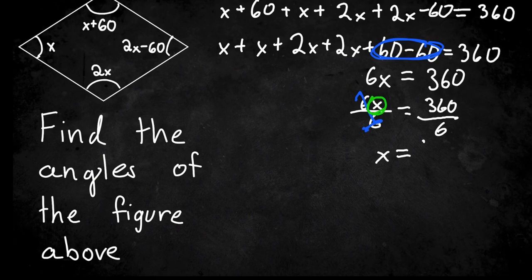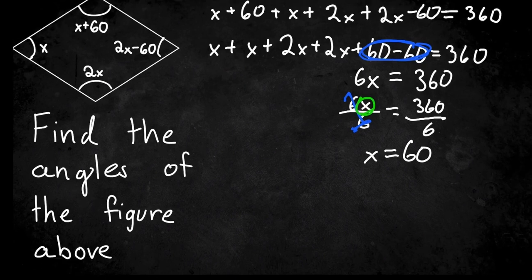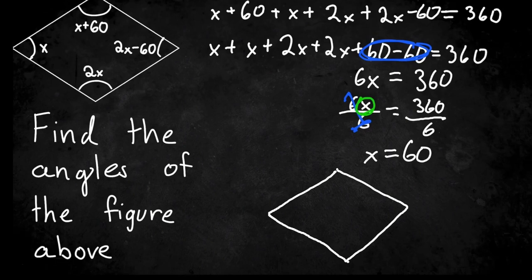So x equals 60. Now let's redraw the quadrilateral nicely. This side is 2x minus 60. 2x is 120, and 120 minus 60 is 60.